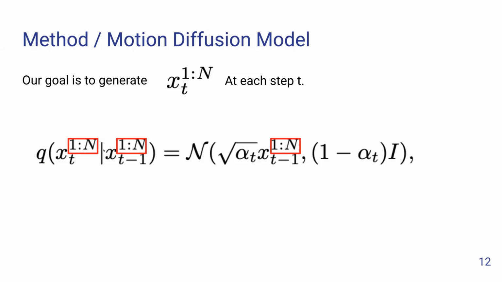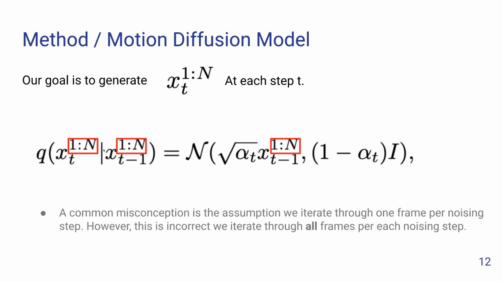This is important to know because it's a misconception that at each diffusion step, we go forward one frame. That's not true. We actually go through every single frame in the motion for every single step in the diffusion denoising process or noising process. It's a semantic thing, but it makes a big difference in how this is computed.